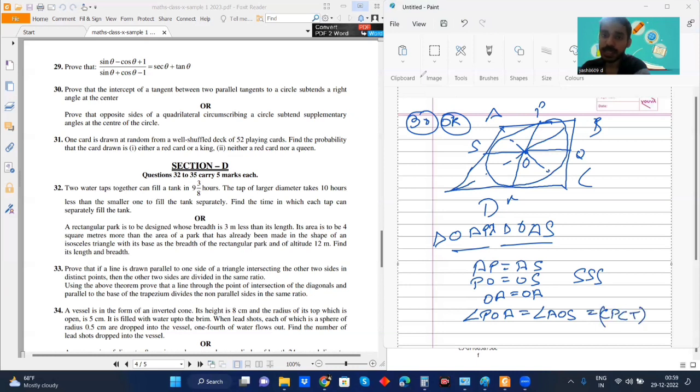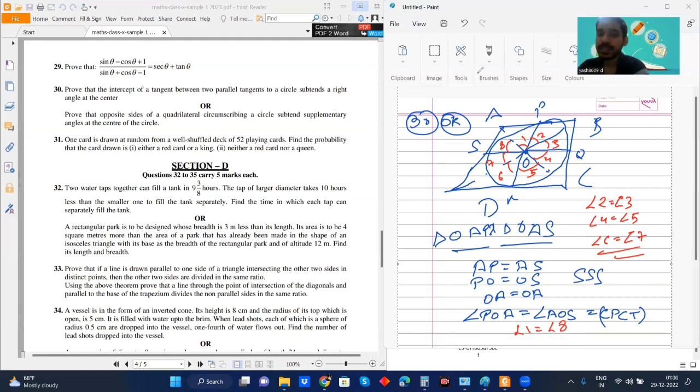Let us name the angles, number them clockwise: 1, 2, 3, 4, 5, 6, 7 and 8. So I can say that here angle 1 is equal to angle 8. Okay. Similarly, by proving them congruent, I can say that angle 2 is equal to angle 3, angle 4 is equal to angle 5 and angle 6 is equal to angle 7.